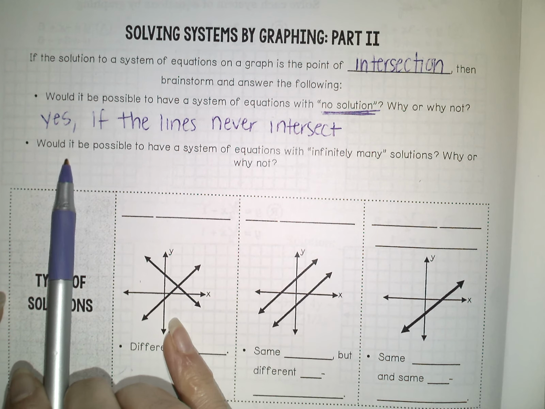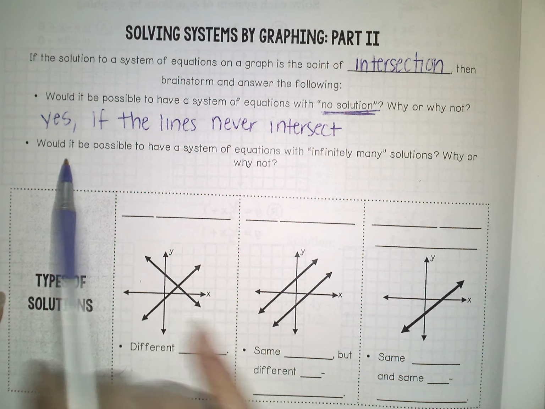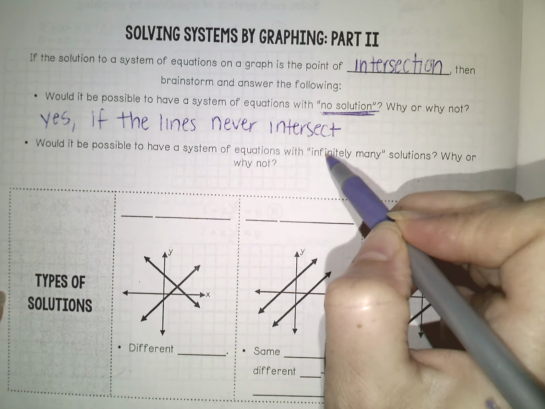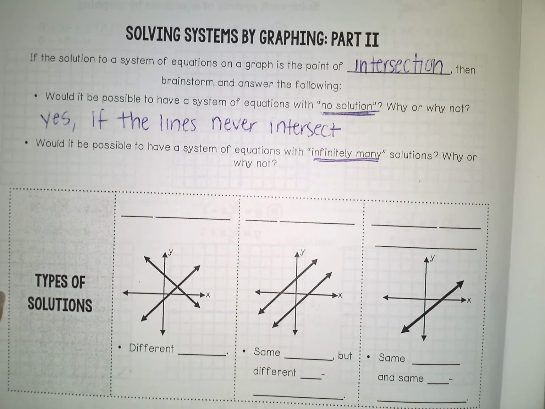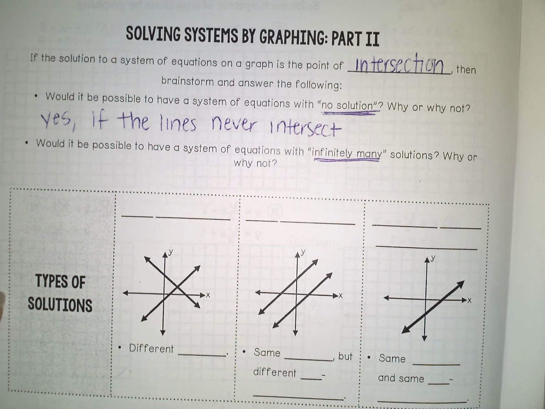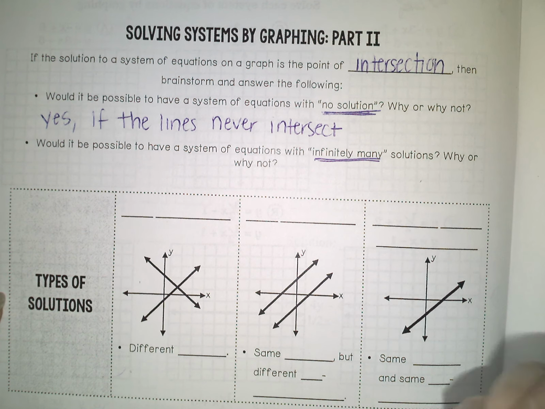Let's brainstorm. Would it be possible to have a system of equations with infinitely many solutions? Remember when we were solving infinitely many, the equations were equal on both sides. So that's going to be a similar point here.